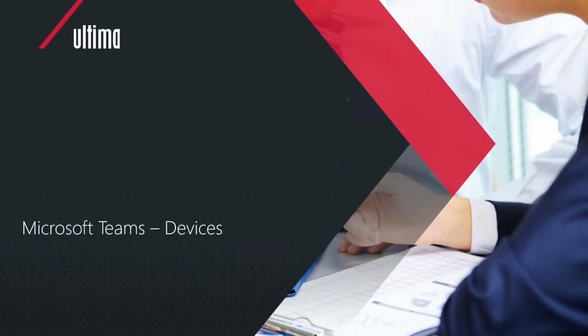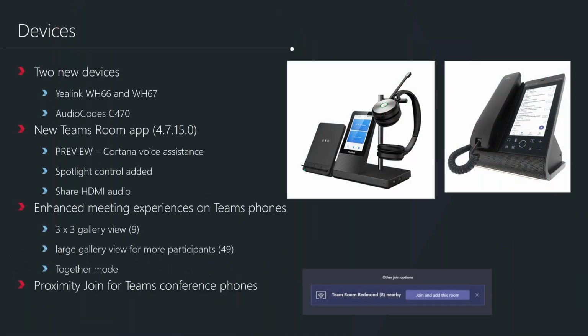Finally, I wanted to quickly talk about some new bits in the devices space. A couple of new actual devices have been released. The Yealink WH series are Android devices running the Teams app, with the big differentiator being they are DECT based for the headsets rather than Bluetooth.